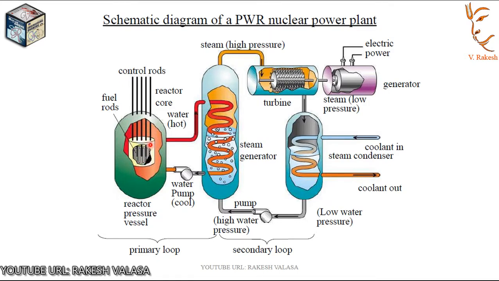The heated water then flows from the reactor pressure vessel into tubes of a steam generator, which is the interface between the primary circuit and secondary circuit. The heat is transferred to the water, that is feed water, around the tubes in the secondary system.